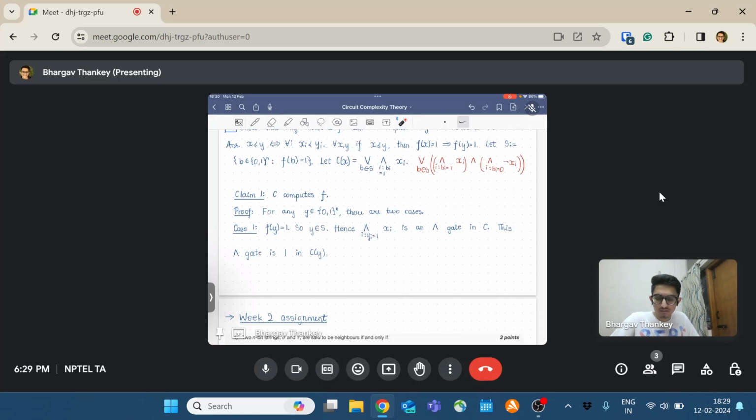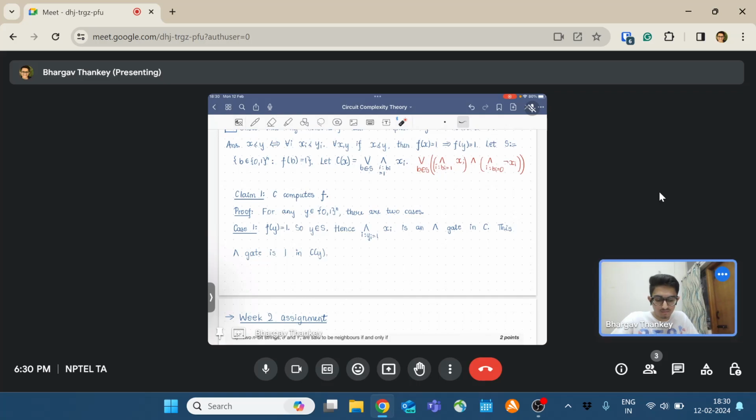I don't know why this argument was a bit confusing, but by the construction of the tree itself, such a Y must exist as an input to one AND. The moment you figure this out, you are done. Such an AND gate must exist.